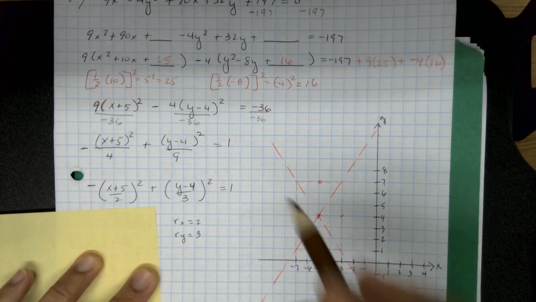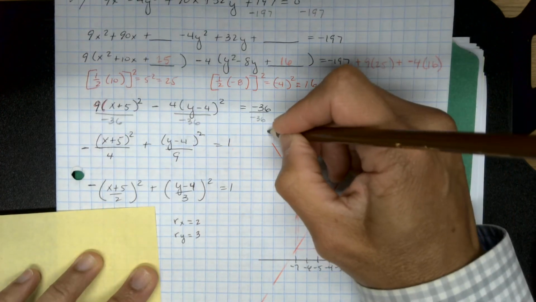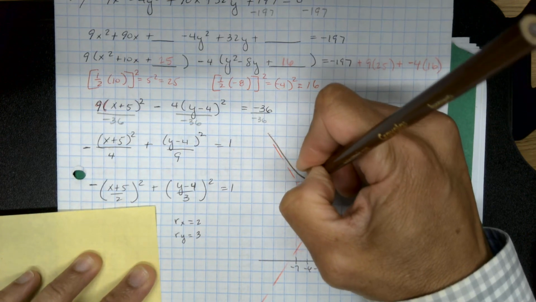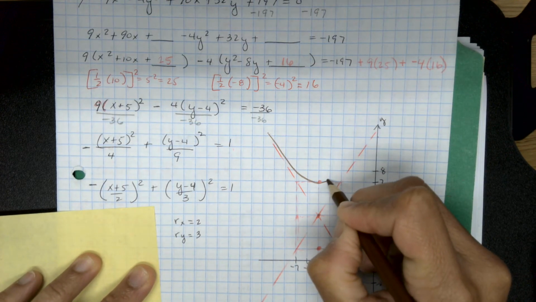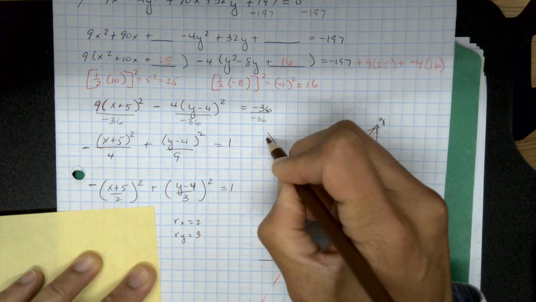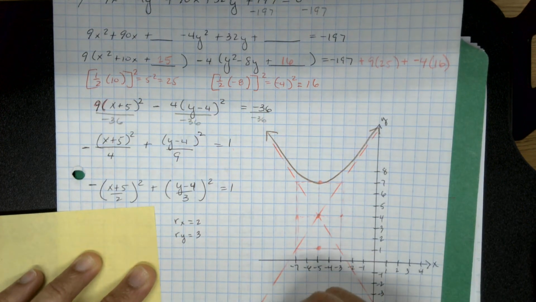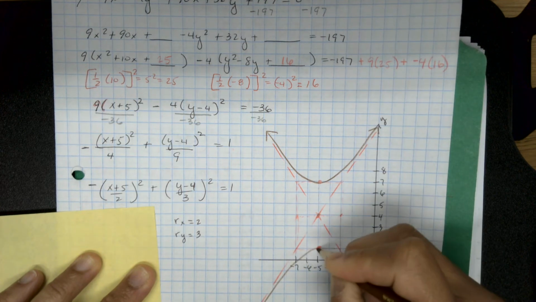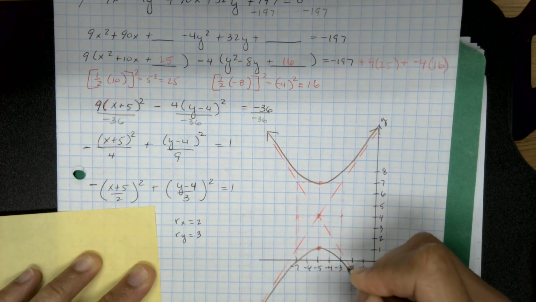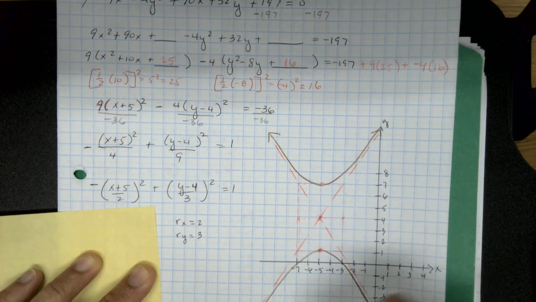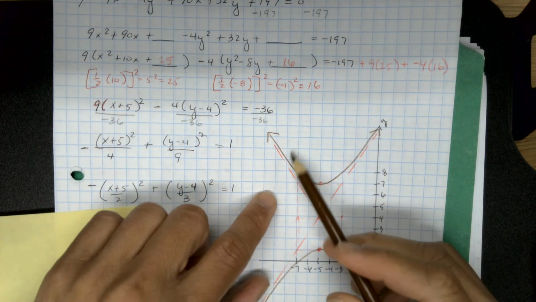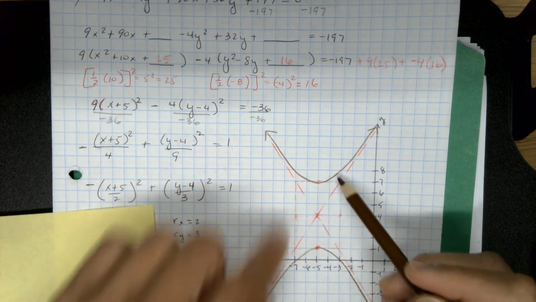So that means we're going to have a hyperbola that opens up and down. The reason it was important to draw these diagonal asymptotes is because it guides us to figure out how wide we're going to make these hyperbolas.